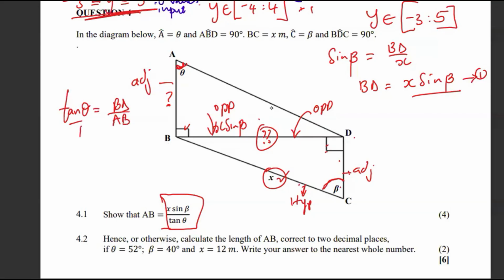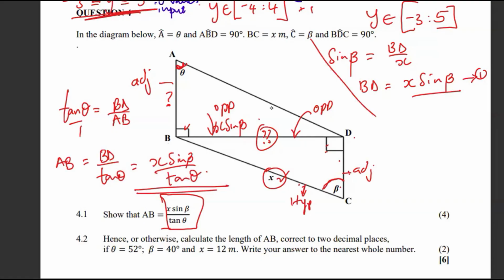But we're looking for AB, so multiply both sides by AB, meaning that our AB must be the same as BD over the tan of theta. But our BD was x sine beta, so it's x sine beta over the tan of theta. So this is all that you have to do. So start with this, you'll get your marks, and then use that.